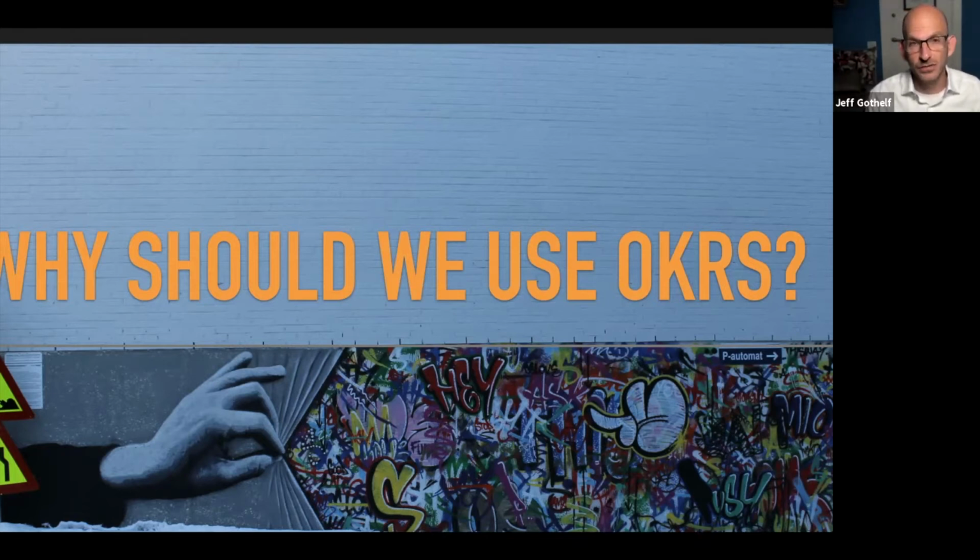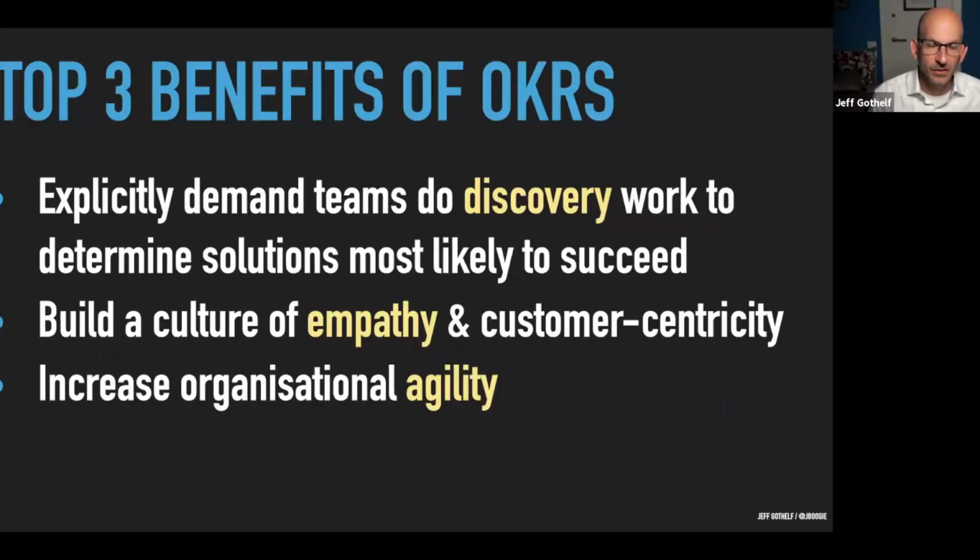They're measures of customer behavior, right? We increased retention by 50%. We increased average order value, things like that. Those should be your key results. If you write a good OKR statement, there are no features in there. And so if OKRs are used correctly, if they're written correctly and applied correctly, they explicitly demand that teams do discovery work.